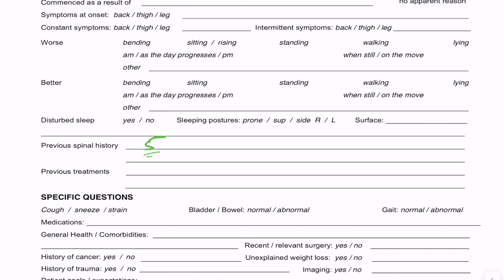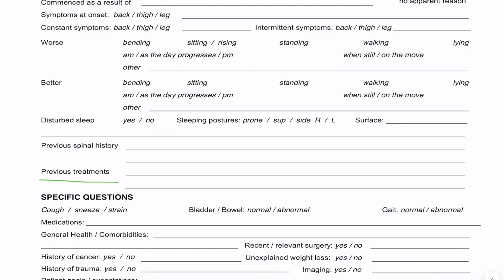If they've had this 5 times before and their previous treatments have all been passive, just manual therapy, massage, medications, injections, and it keeps coming back, well, this is somebody you're going to have to be a really good educator with and help them to understand that the pathway that they're on, their current strategy of management, is poor. They need to make some changes there.